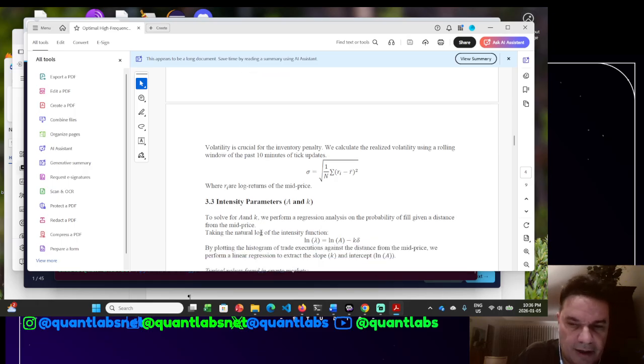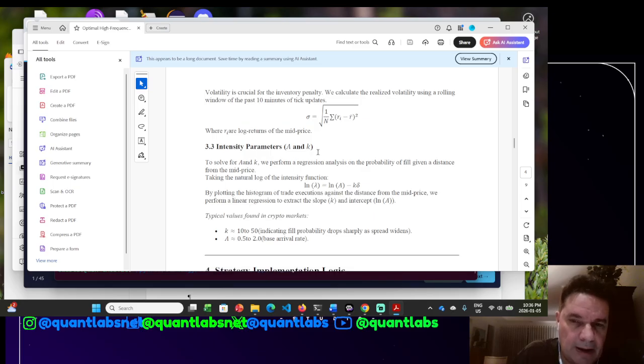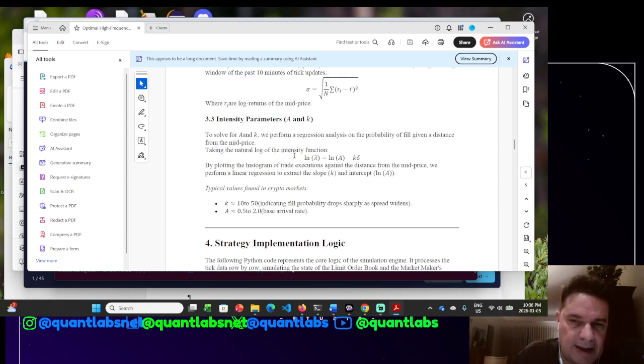Very, very visual there. So we also have the intensity parameters, A and K. To solve for those, we use a regression analysis on the probability of a fill given a distance from the mid price. Take the natural log of the intensity function right here, and the plot.